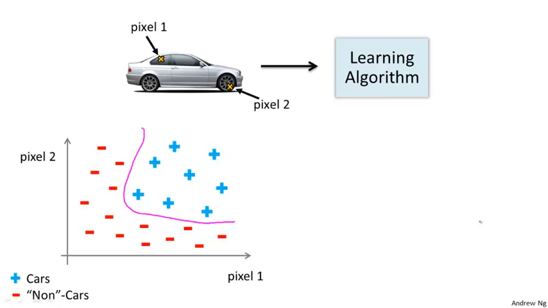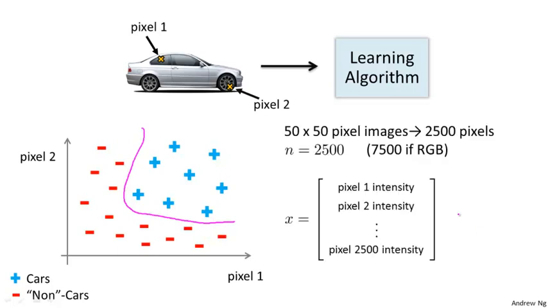What is the dimension of the feature space? Suppose we were to use just 50 by 50 pixel images. That is, suppose our images were pretty small ones, just 50 pixels on the side. Then we would have 2500 pixels, and so the dimension of our feature size will be n equals 2500, where our feature vector x is a list of all the pixel intensities, the pixel brightness of pixel 1, the brightness of pixel 2, and so on, down to the pixel brightness of the last pixel, where in a typical computer representation, each of these may be values between, say, 0 to 255, if it gives us the grayscale value.